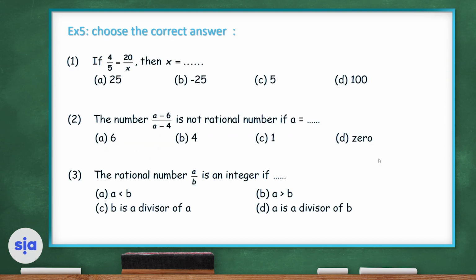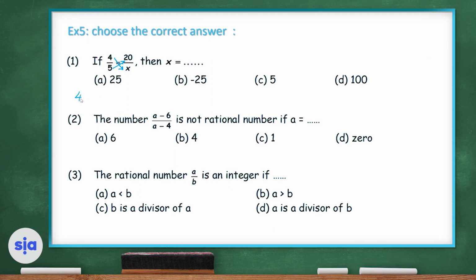Exercise number 5, choose the correct answer. If 4 over 5 is equal to 20 over x, then what is the value of x? Here in this case, we can do cross multiplication. How do we do cross multiplication? 4 times x equals 5 times 20.